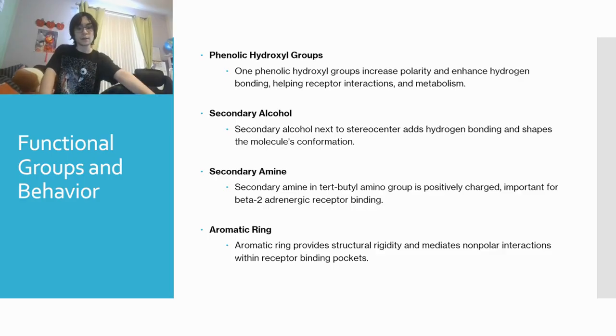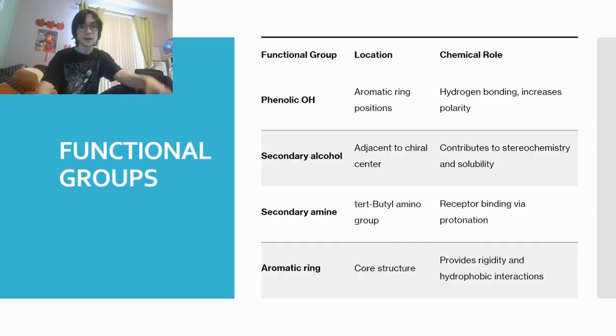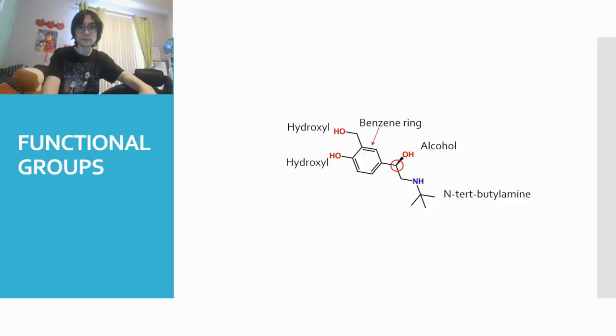The secondary amine is absorbed within the body, which is important for receptor binding. And the aromatic ring helps support hydrophobic interactions within the receptor pocket. These next two slides describe the functional groups I talked about, and here's what it looks like.